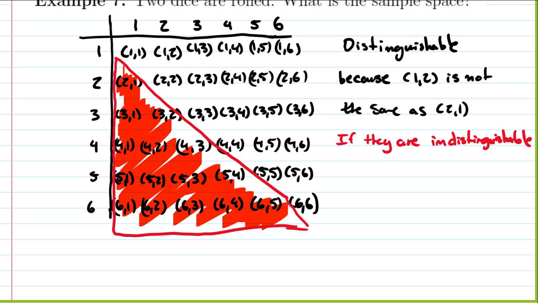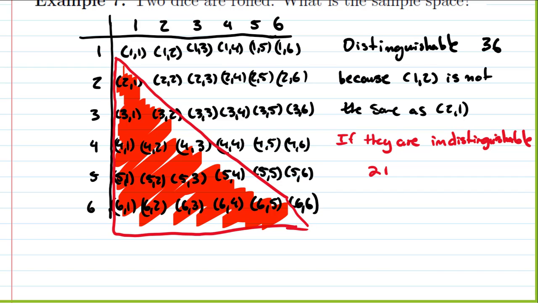So then with distinguishable, we had a total of 36 events. Here, if I eliminate all those, how many things am I going to have? 6 plus 5 plus 4 plus 3 plus 2 plus 1. So that's going to be 21, right? 11, 15, 18, 20, and 1.